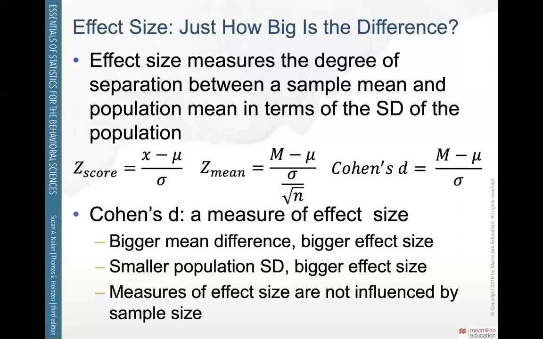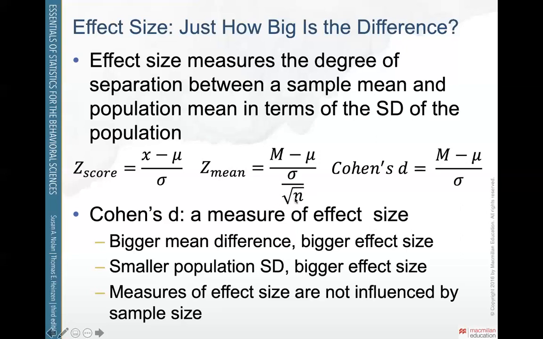So let's look real quick at this equation right here, Z mean, and notice how it has the sample size in the denominator right here. So we have this whole thing as the denominator, and the bottom part of the denominator right here is the sample size.